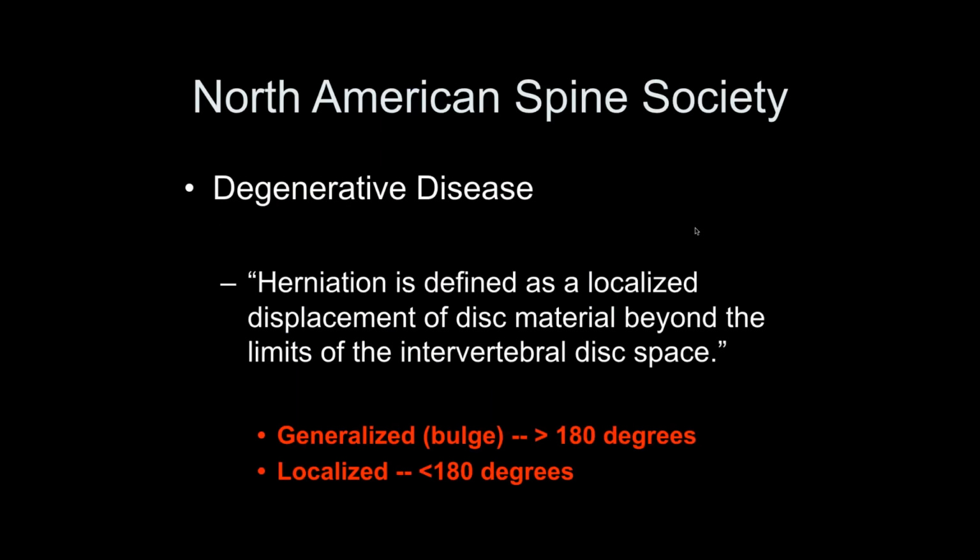So I really think that most people should use the North American Spine Society classification. There's a study published a number of years ago now that looked at the number of words used in the medical literature concerning degenerative disc disease, and there are over 58 different words used to talk about it.